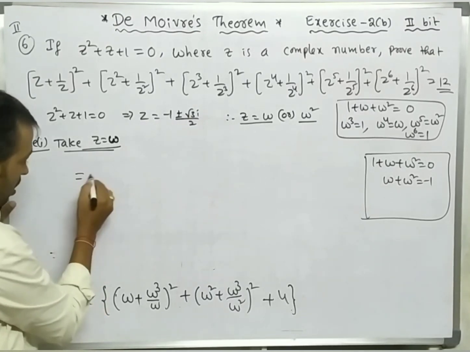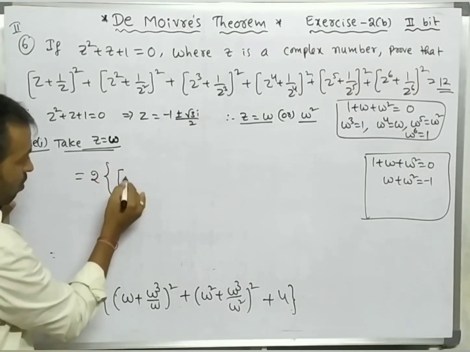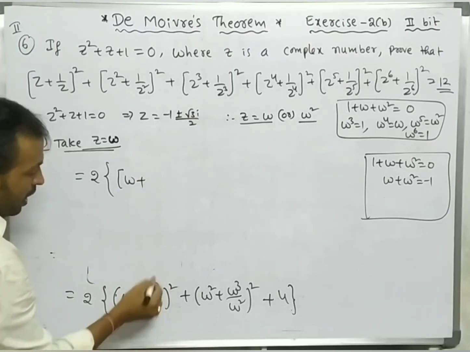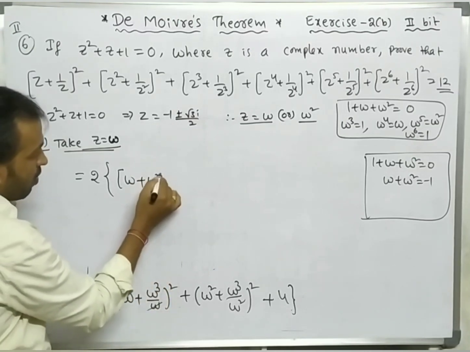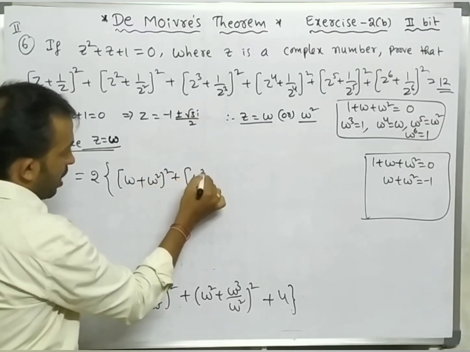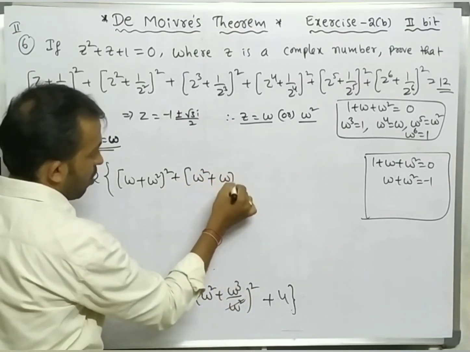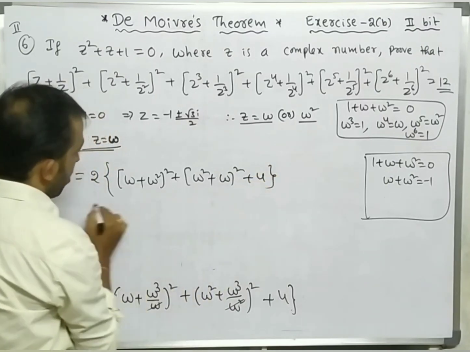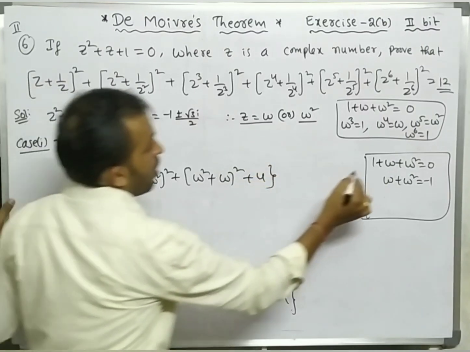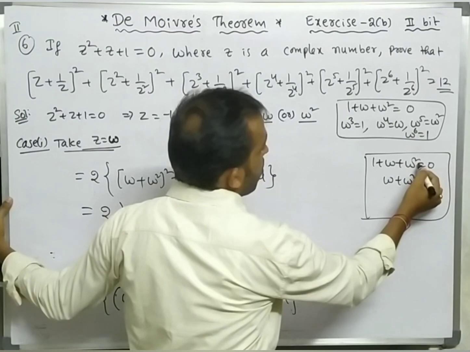Now this is equal to 2 into omega plus 1, omega gets cancelled, we will get omega square whole square. Here omega square cancels, we get omega whole square, plus 4. Now 2 into 1 plus omega square, the sum of the cube roots of unity is 0.